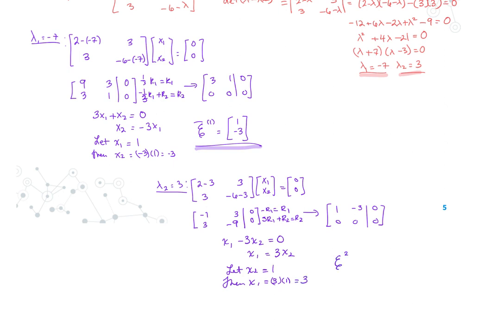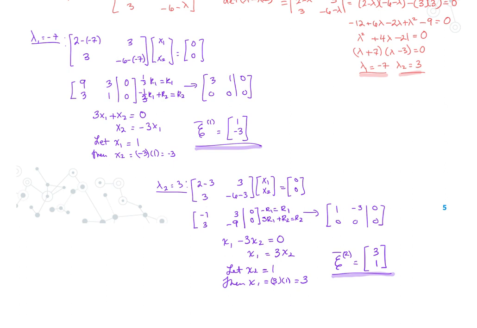So our second eigenvector is going to be the column vector 3, 1. And we've found everything that our problem asked us to find. We found both of our eigenvalues, both negative 7 and 3, and we found their corresponding eigenvectors, 1, negative 3, and 3, 1.